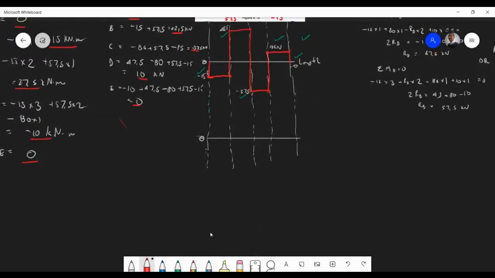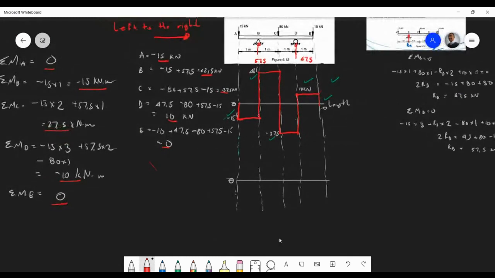At 0, we have 0 over here. That's minus 15, so we can have minus 15 over there. I'm not going to put the unit, obviously kilonewton meter. Then we go up to 27.5 at C. Then at D, we go to minus 10.